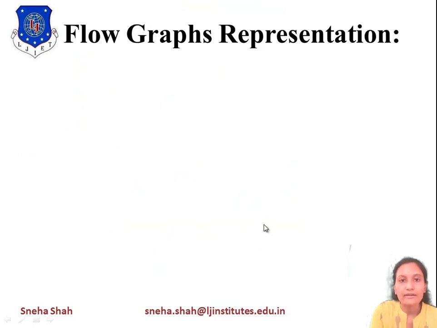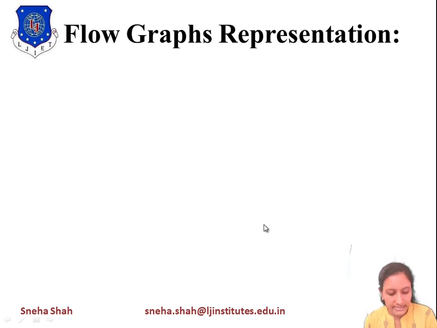Now the next point is flow graph representation. What is flow graph representation? Flow graph representation means any form of structure can be represented in terms of a signal flow graph. Now how do we represent this signal flow graph?